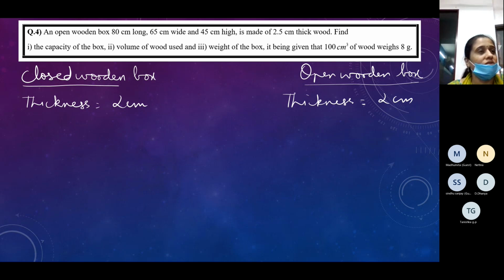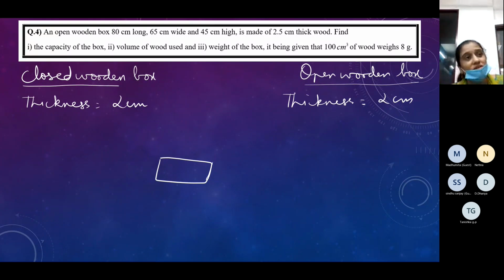Have you seen anything wooden? On the outside, the height will come from the bottom. But the wood is thick, right? At the base of the box, the wood is thick.